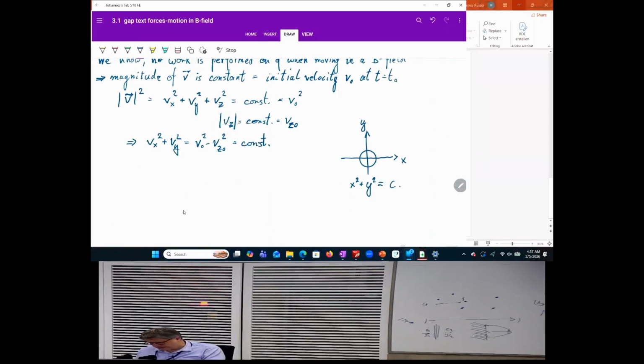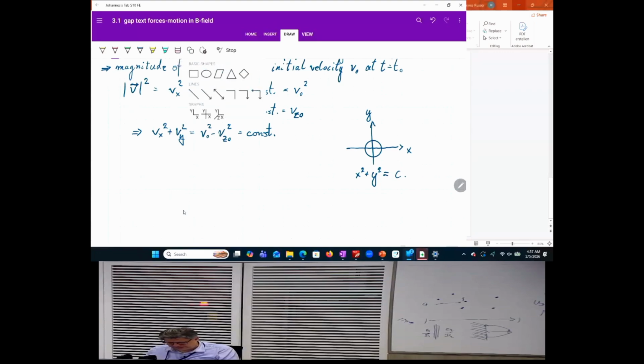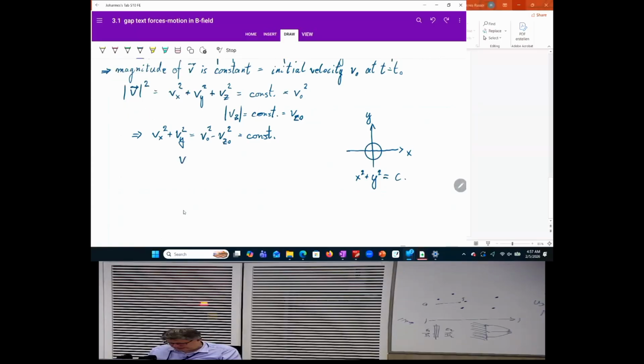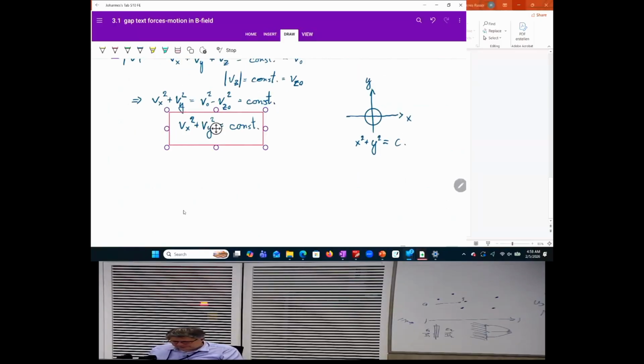We want to take advantage of that. We know that x squared plus y squared constant gives you a circle, and that also applies here for our vx squared plus vy squared. They are constant. And because of that, we see that the motion of that particle in the xy plane is circular motion.